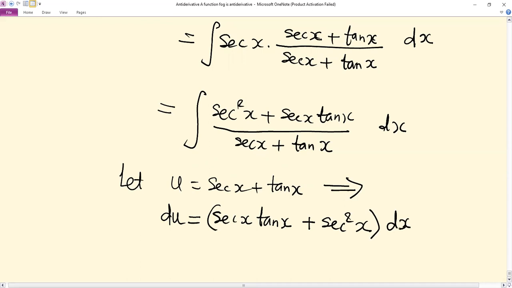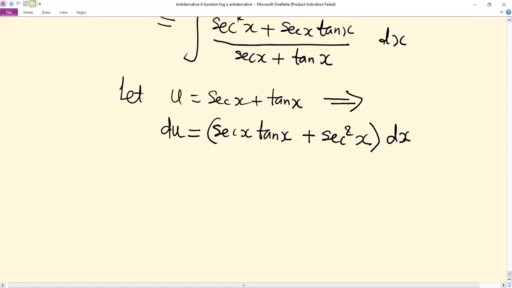So you make dx the subject. So we'll have dx will be du over sec squared x plus sec x tan x.